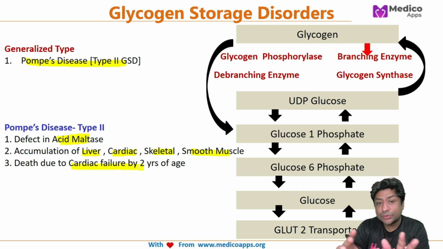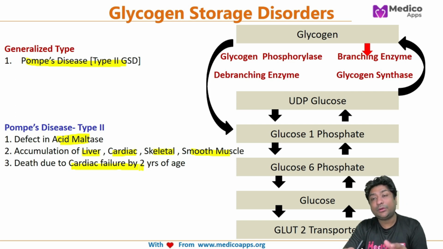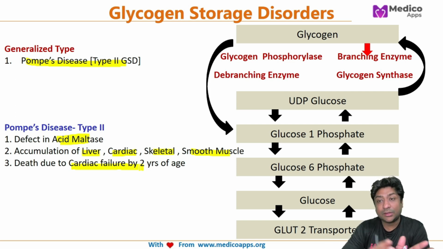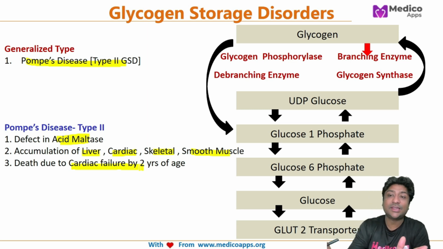Last thing, most of the glycogen storage disorders are managed by diet. So what is the diet which you give? In most of these disorders, especially von Gierke's, the problem is that the glucose level should not be high, and glucose should be given over a sustained period of time.